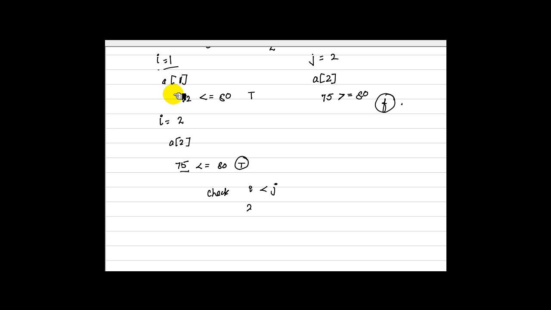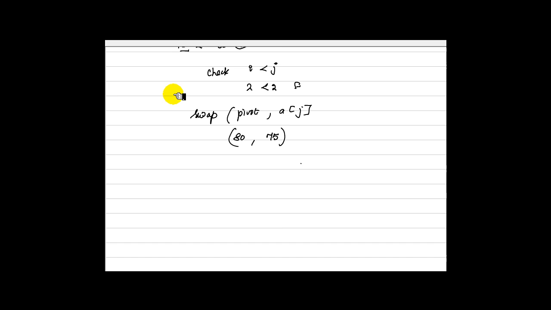I is 2 and j is 2, so whether 2 is less than 2, it is false. Hence we have a swap between the pivot element and a of j. Our pivot element is 80 and a of j is 75. So we swap 80 and 75, and hence we get 75, 72 and 80. Now 80 is in the correct position.